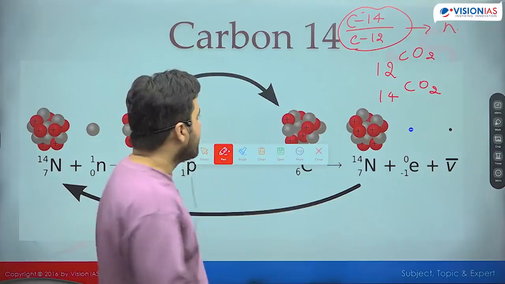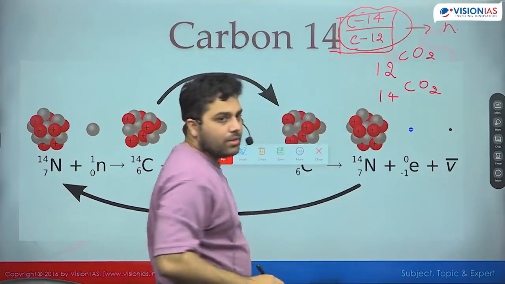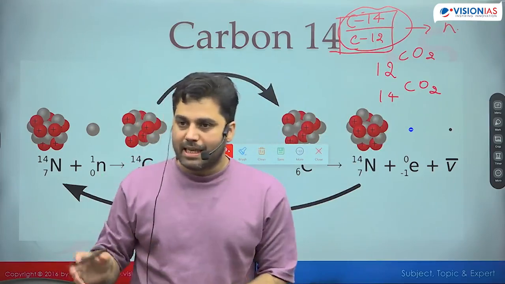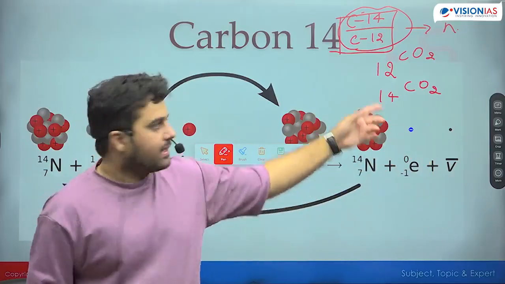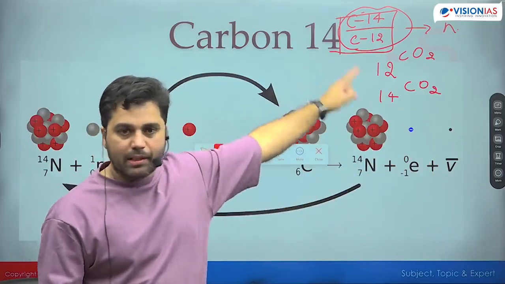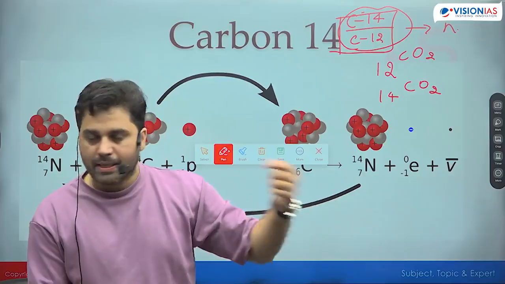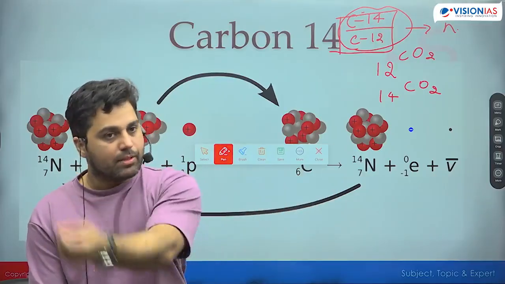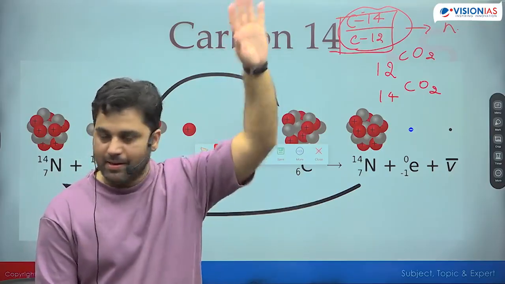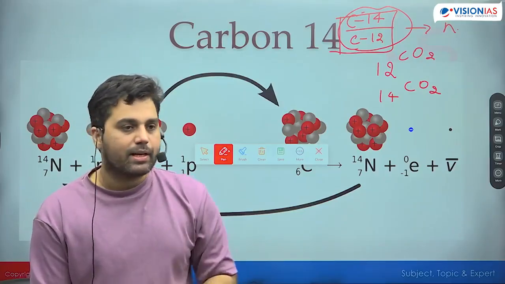So this ratio, carbon-14 to carbon-12, hasn't changed a lot in the last few 100,000 years. And the same ratio found in the atmosphere is found in plants, because plants do photosynthesis. And since we eat plants or we eat animals, and those animals also eat plants, through the food chain the same ratio is found in all living organisms, as long as you are alive.